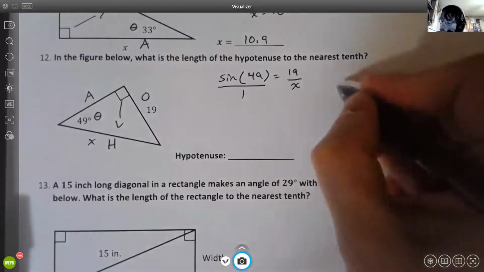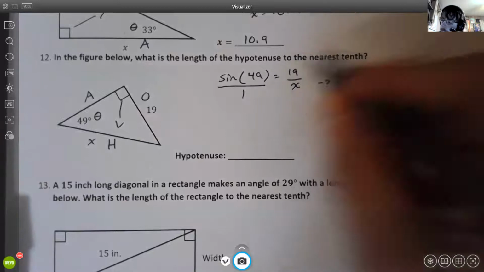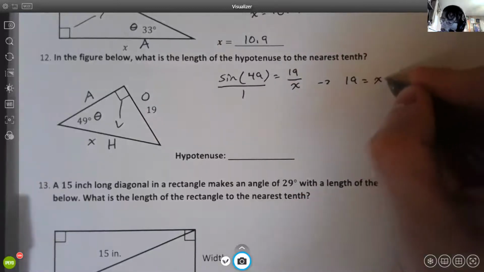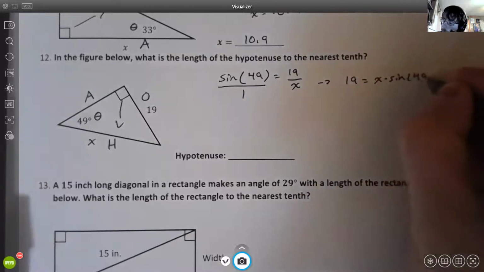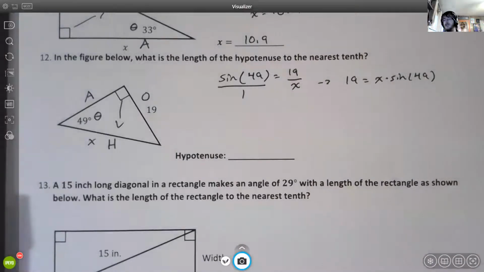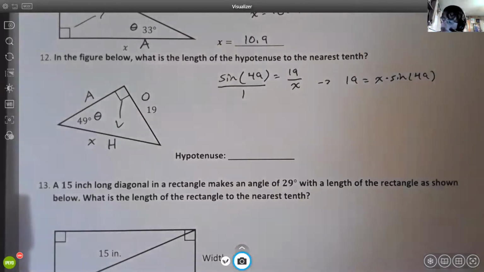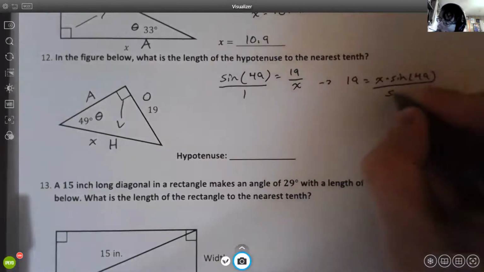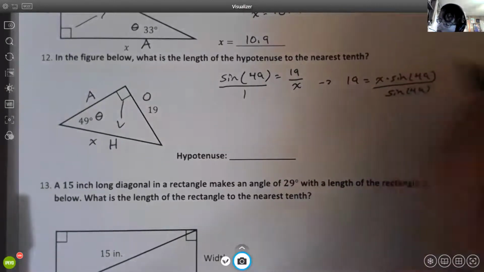Put sine of 49 over 1 and then cross multiply. 19 times 1 is 19. X times sine of 49. Now, sine of 49 is just one number. If you type sine of 49 in the calculator, it'll give you a decimal. And we need the X by itself. So what we need to do is get rid of that sine of 49 by dividing it.